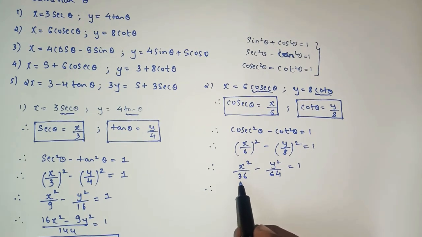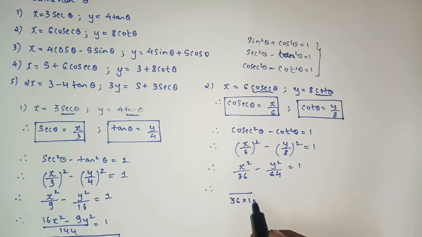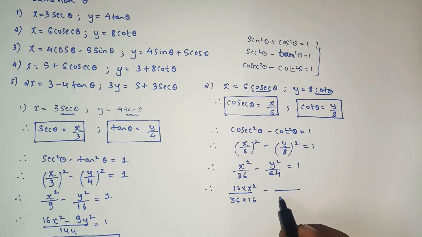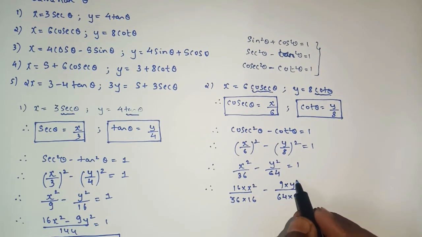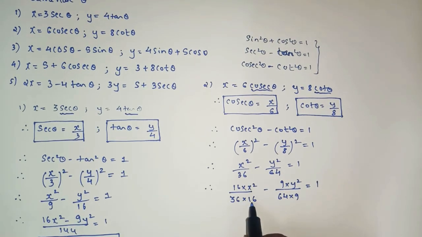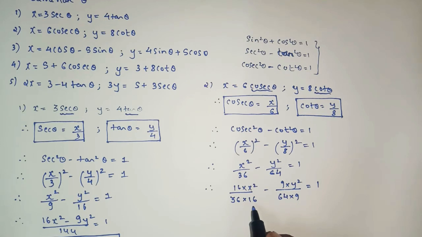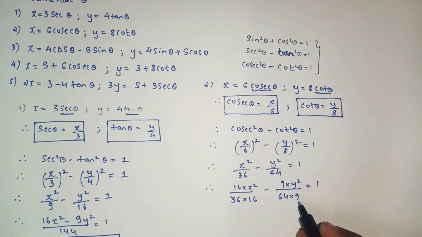So to make the denominator the same, we'll multiply this 36 by 16, and here we'll multiply by 9. We multiply and divide by 16 and 16 here, and by 9 and 9 here. So 36 sixteens are 576, and 64 nines are 576.